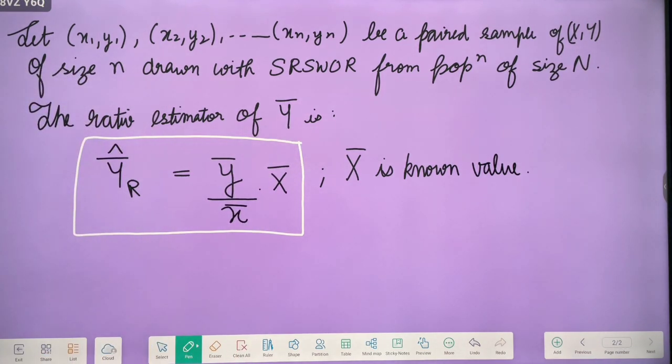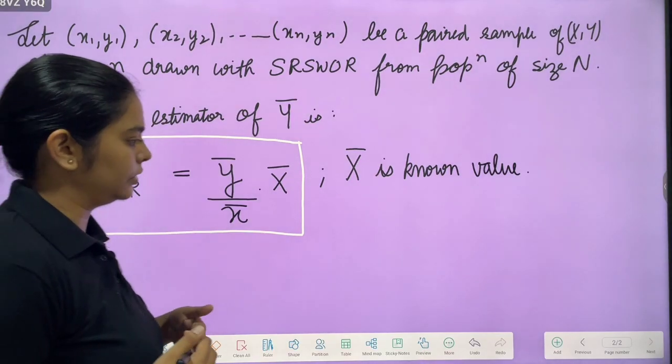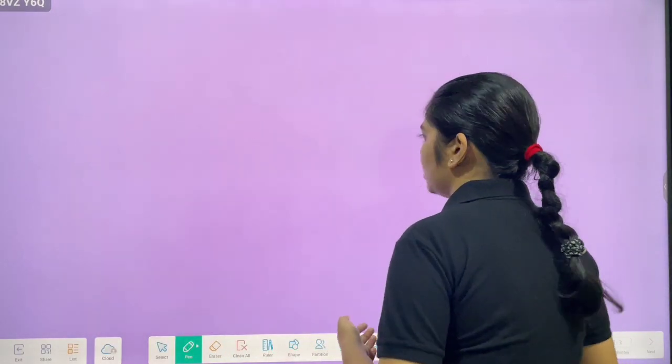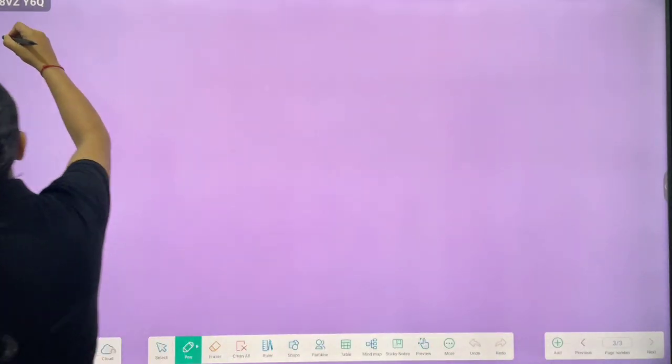Now we have found that this is the ratio estimator, and now we will find the estimation of this, the variance of this, and similar to that, everything. So first one is estimation.